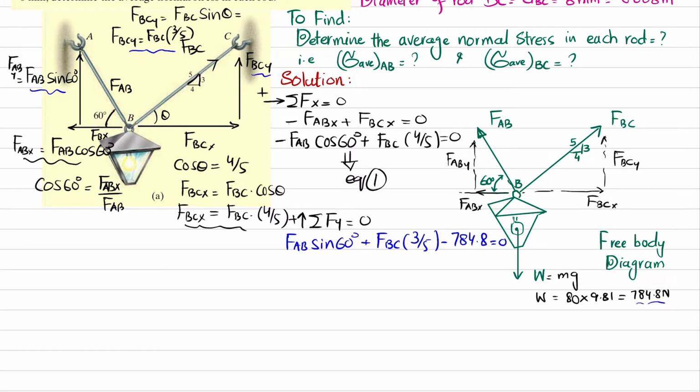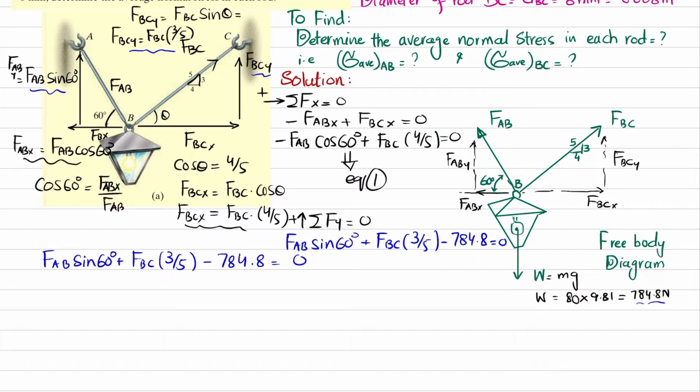Their sum must be equal to 0. So I can rewrite it as FAB into sine of 60 degree plus FBC into 3 over 5 minus 784.8 is equal to 0.